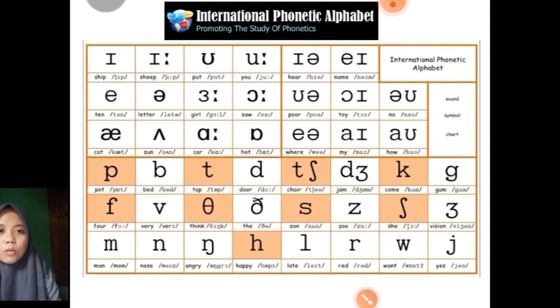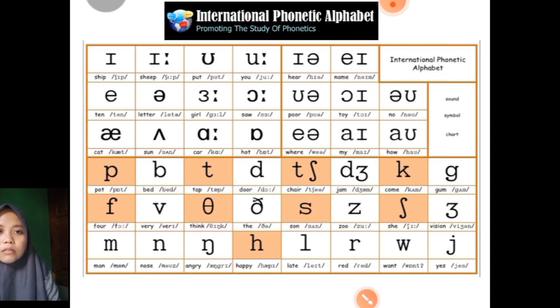And then the next diphthong, and the word is tie. And then the next diphthong, and the word is no.